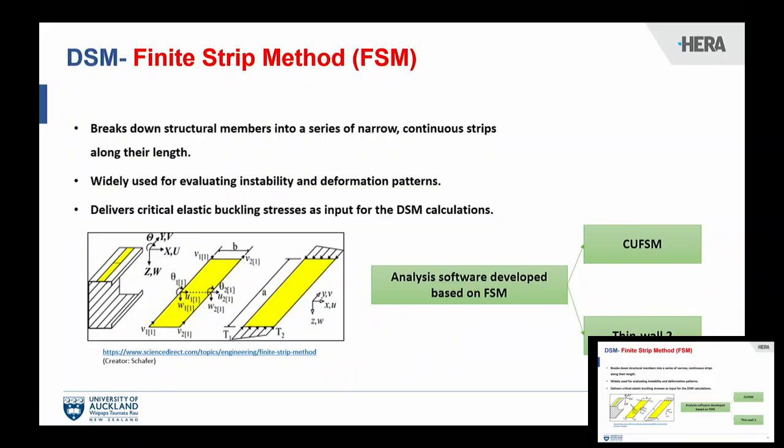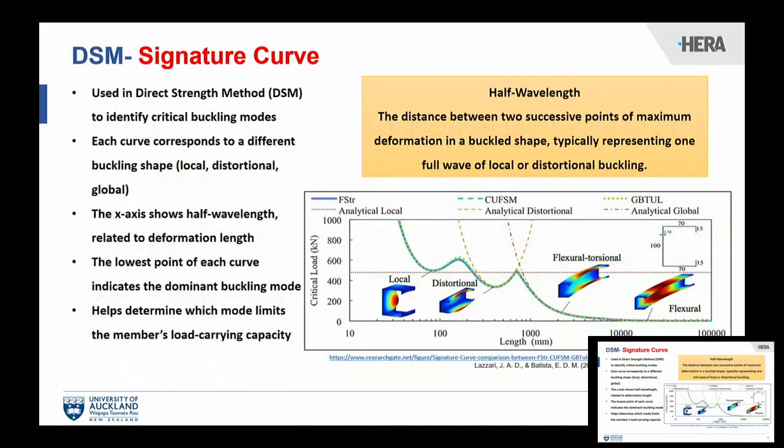The finite strip method is implemented in two software packages that are common in the world. The first one, which is freely available, is CUFSM, and the second one is Thinwall 2, which was developed by the University of Sydney, and it's a little bit more professional than CUFSM. Another important term in the direct strength method is the signature curve.